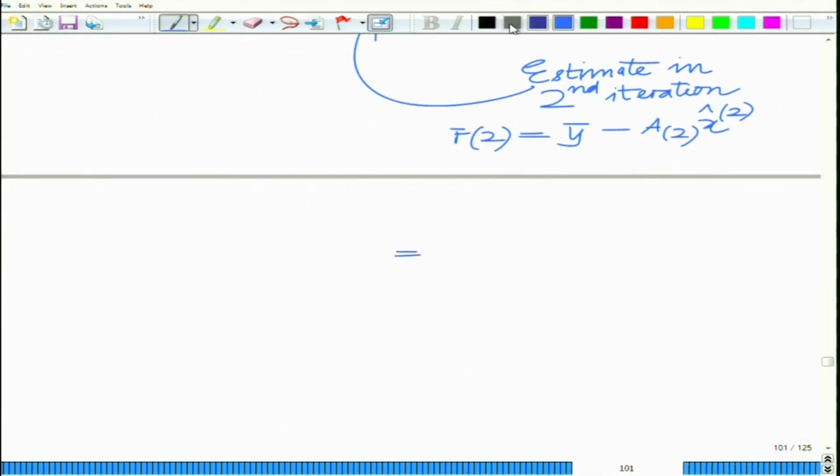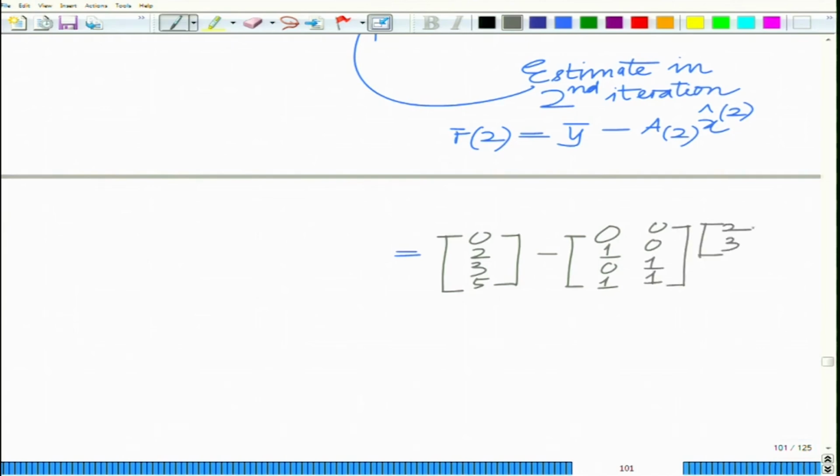This will be 0 2 3 5 minus A2, which is 0 1 0 1, 0 0 1 1, times 2 3, and you can calculate this, and what you will see is this residue is exactly 0. Residue equal to 0. This is your r bar 2.